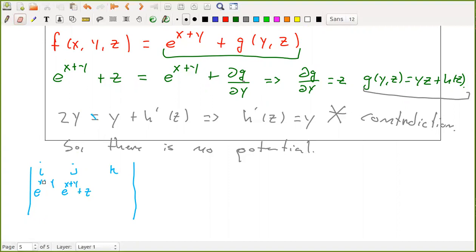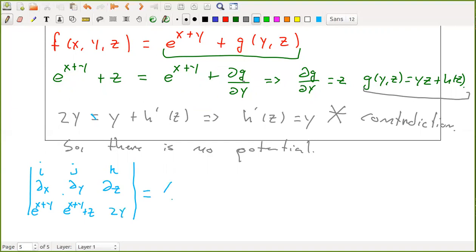I did the exact thing that I told you not to do a few videos ago. That's sort of the pattern of how these things go with me, isn't it? Okay. I need to put the differential operators here. This is e to the x plus y. This is e to the x plus y plus z. And then this is 2y.